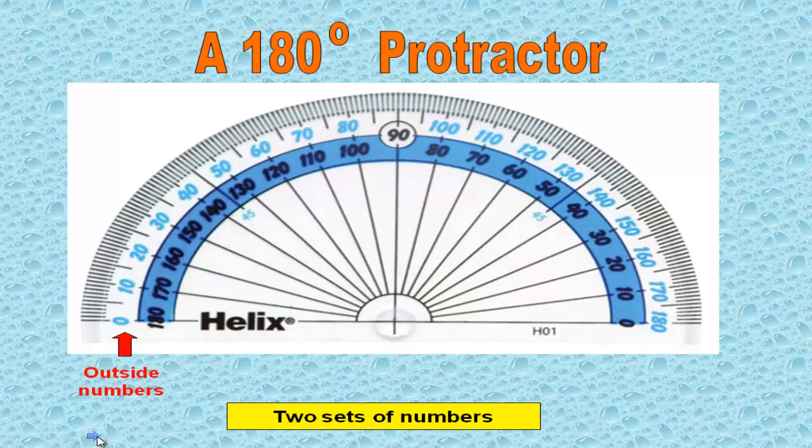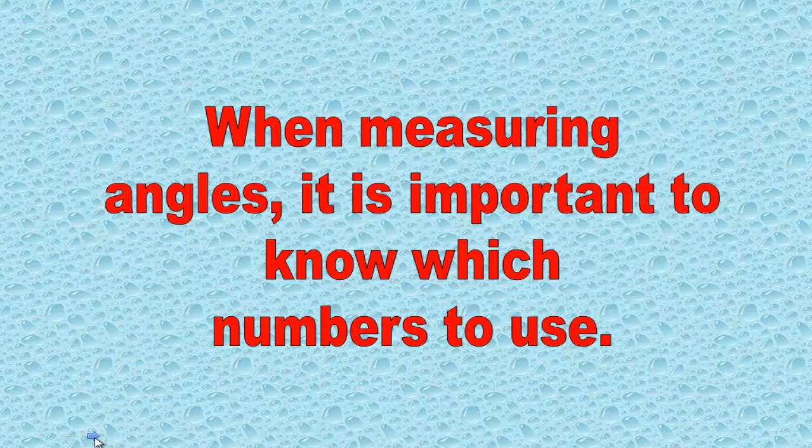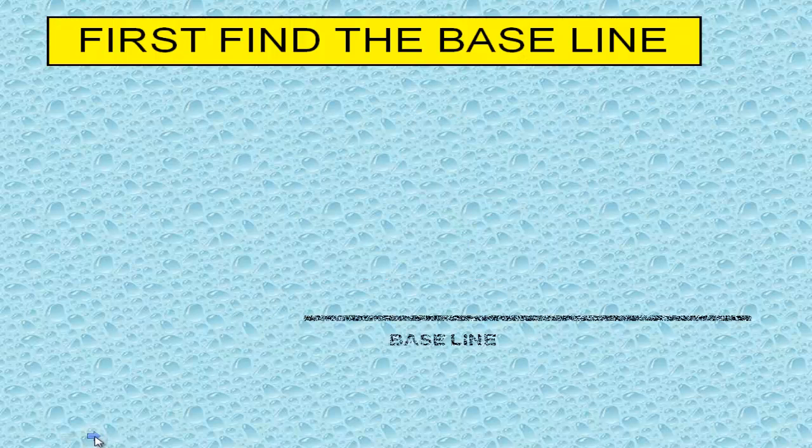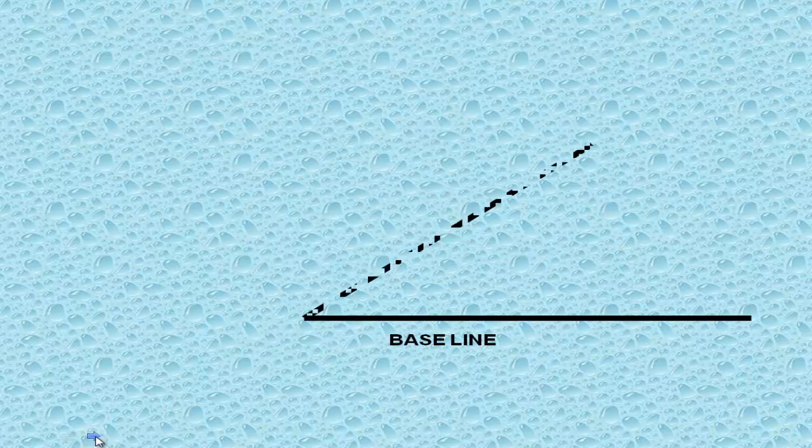I already talked about the two sets of numbers, the inside numbers and the outside numbers. When we measure angles, it's important to know which numbers we're going to use, the inside ones or the outside ones. So here's an example. There's your baseline and there's your angle.